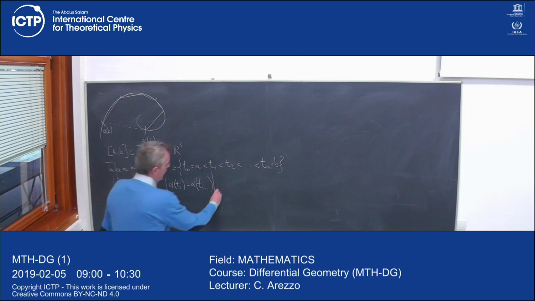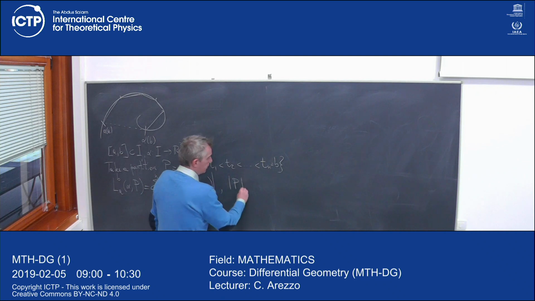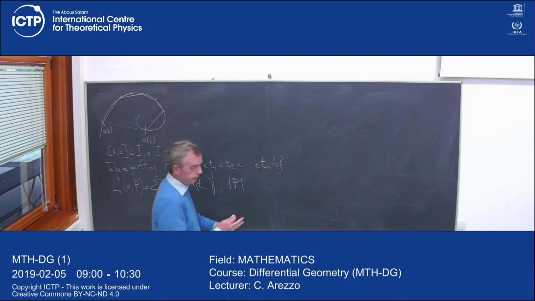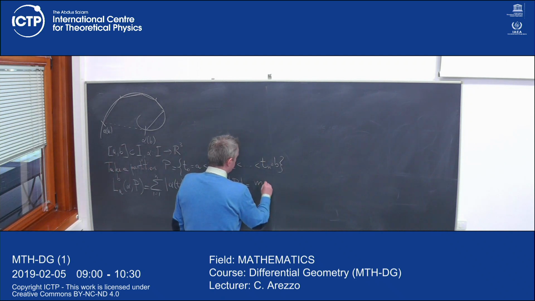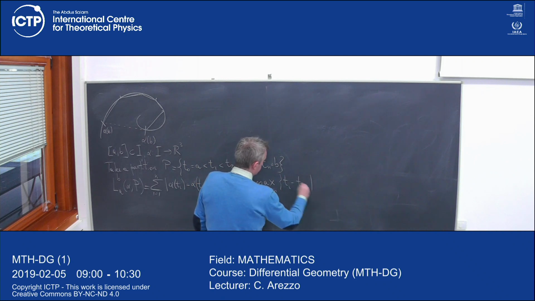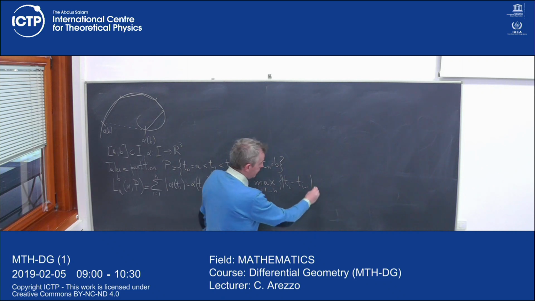And then you also define the norm of a partition. So the norm, again, some kind of absolute value in the space of partitions, to be the maximum of the distances between. And now this is the absolute value of a real number.